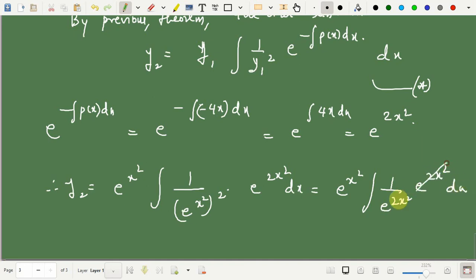So that gets cancelled, and so the final answer is x into e raised to x squared. So this is your other linearly independent solution, and so here y1 and y2 are two linearly independent solutions of the given equation.